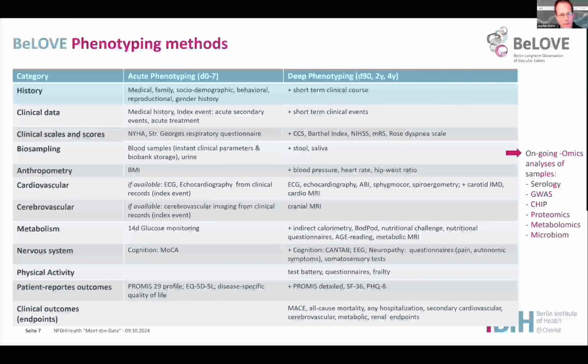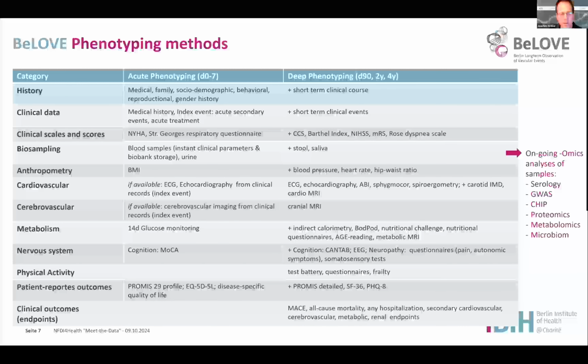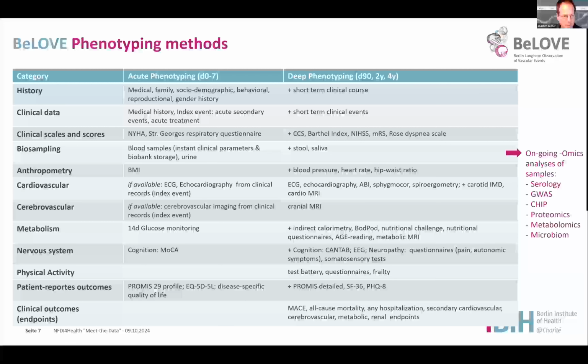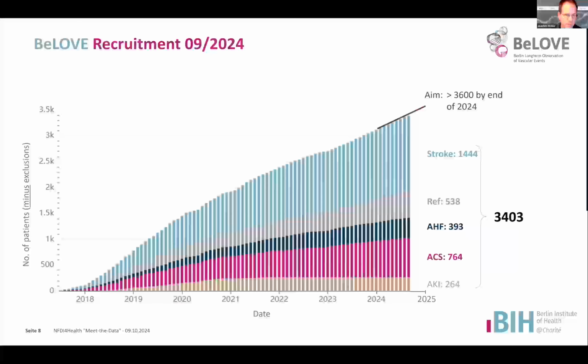The data collected includes medical, familial, socio-demographic, and behavioral data, clinical scales and scores, as well as biosamples such as blood, urine, stool, and so on, and a number of examinations with devices such as MRI, echocardiography, spiroergometry, and so on. So we have a very deep and comprehensive phenotyping program implemented in the study.